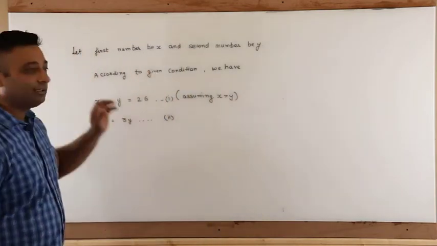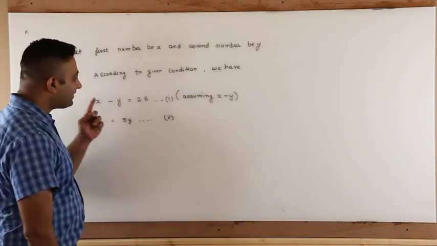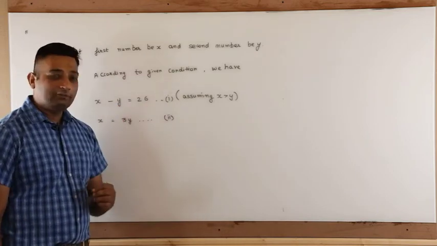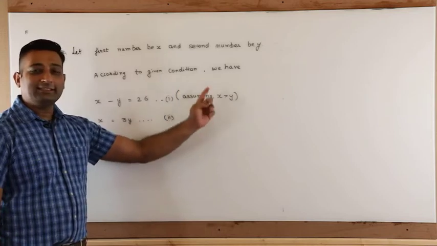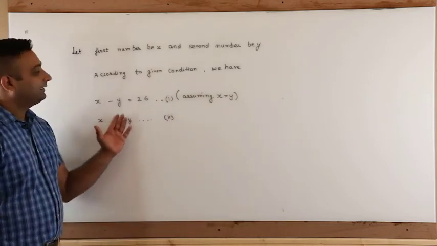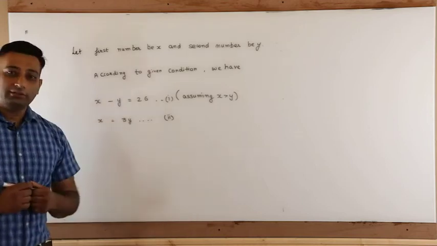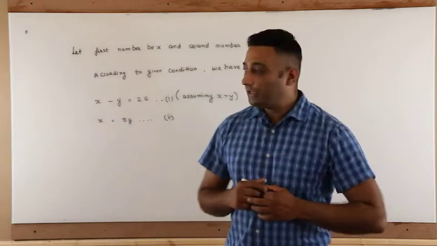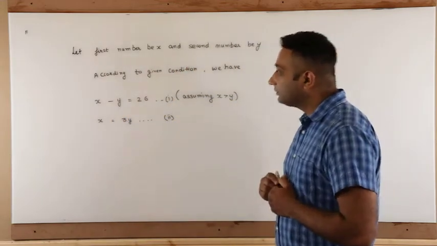Now according to the given conditions, we have x minus y equal to 26, and give it equation number 1. Assuming that x is greater than y, and x is equal to 3y, and give it equation number 2. Now the pair of linear equations in two variables is formed. Now let us solve this.